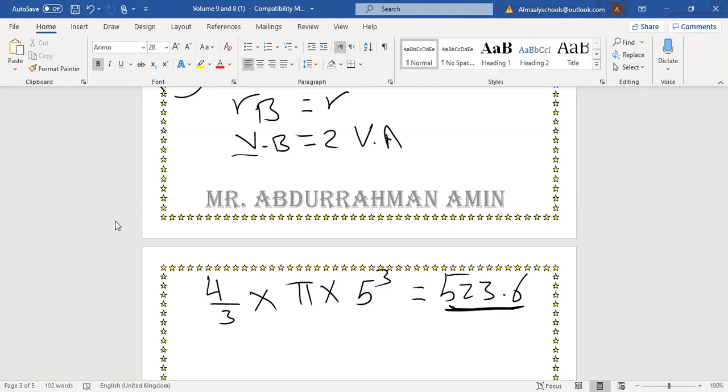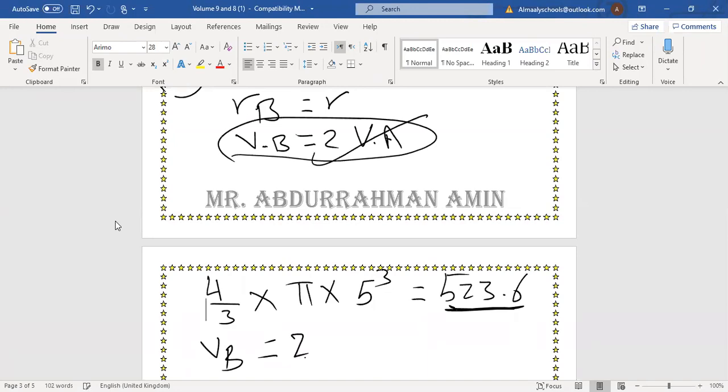And he told me the volume of B is twice the volume of A. So the volume of B equals 2 multiply 523.6. Any problem?